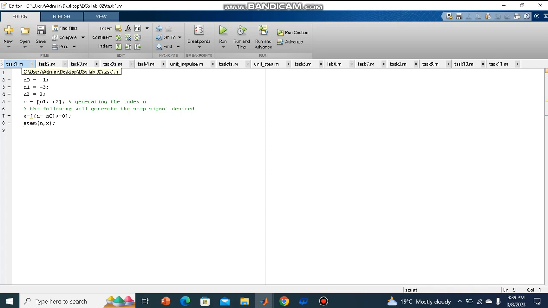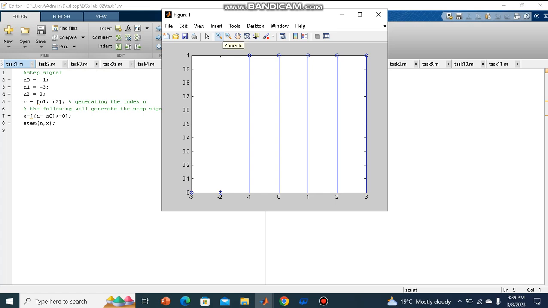The first value is n0, the second is n1 and n2: -1, -3 and 3 respectively. So it will generate the step signal, which will be our desired signal from these values. This graph shows the task 1 results, which is a step signal.